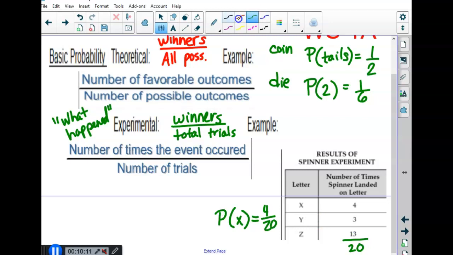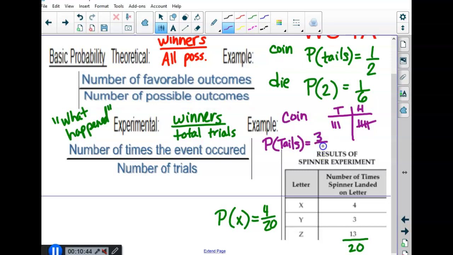Let me give you a real easy example if you want to write one down. Let's say we flipped a coin and we had a little tally chart. Does that make sense? We had tails and heads, and we had 3 tails and 5 heads. So what is the probability of tails here? How many times did we get tails?